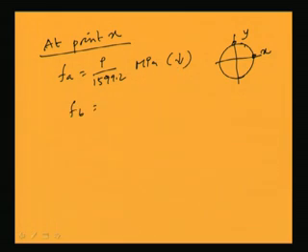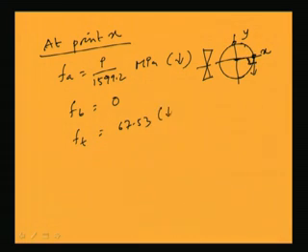Fb will be equal to 0, because at this point the bending moment will be 0, and Ft will be 67.53, and this Ft will also be vertical, because it is perpendicular to the radial distance. So, this will be also okay.